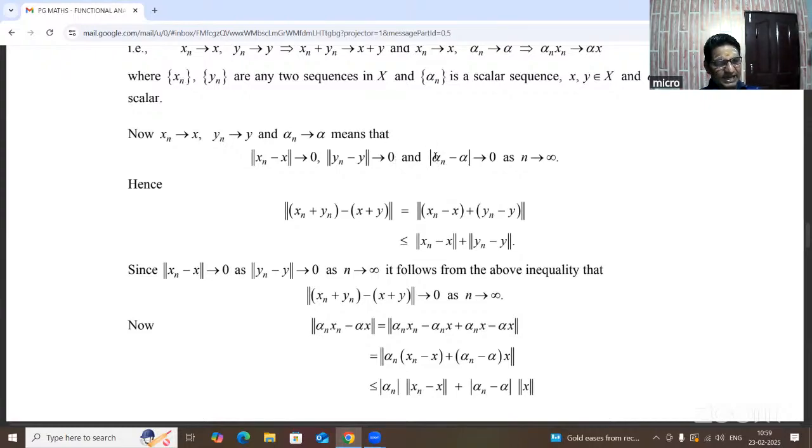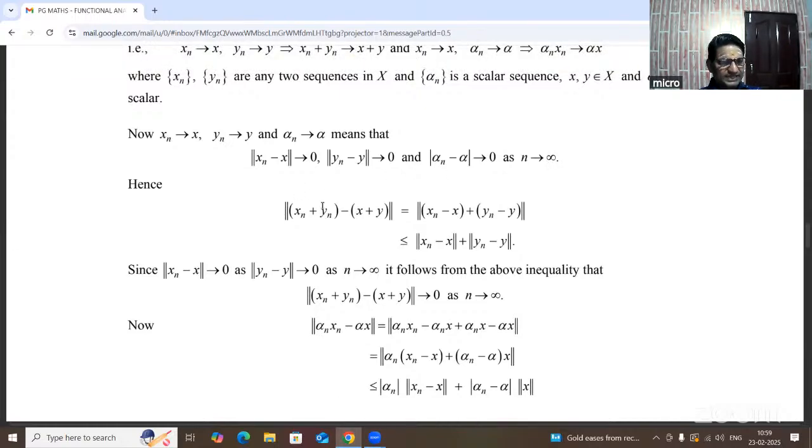In the scalar part, mod alpha n minus alpha converges to 0. That is the meaning of alpha n converges to alpha, as n tends to infinity.